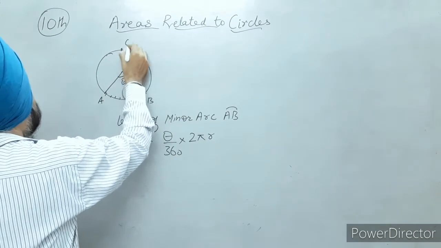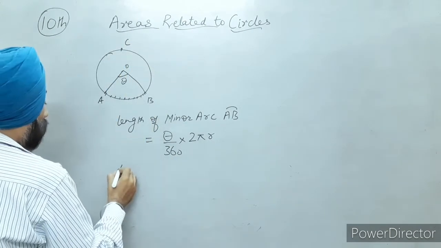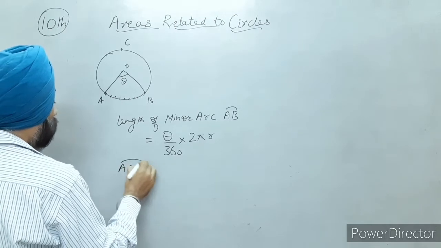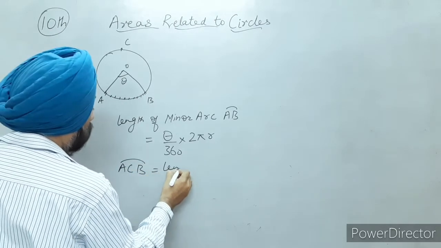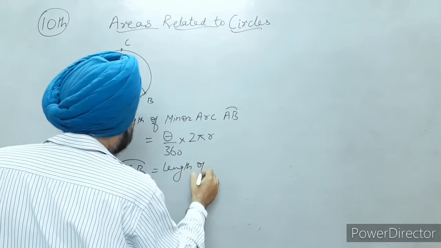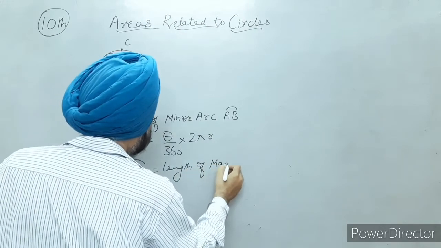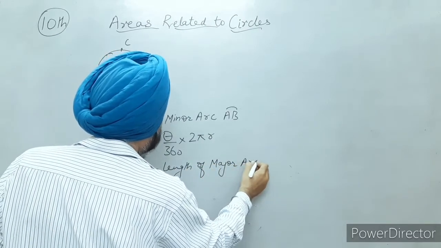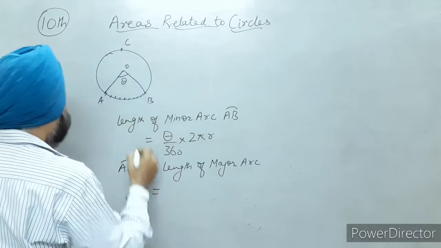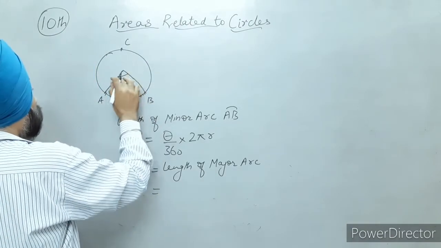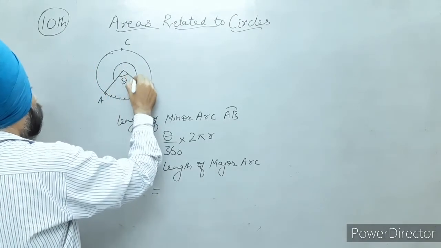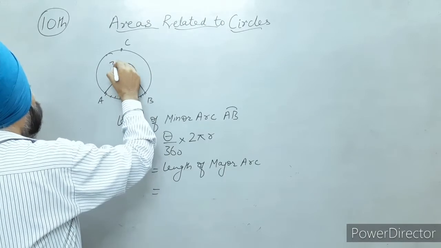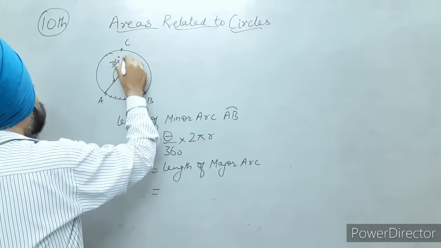Now say the length of the major arc ACB. This is equal to, if this is theta, then the remaining angle will be 360 degrees minus theta.